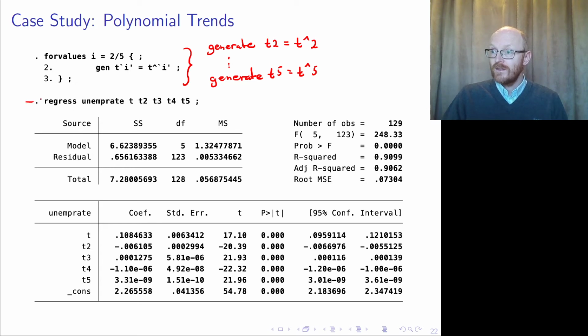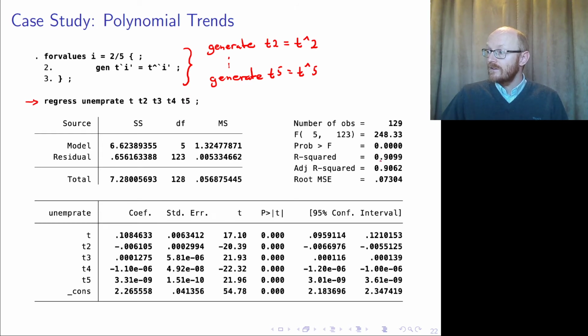Now we have all the time variables in our data that we need to run the regression. So we run the regression here, and we are regressing the unemployment rate on t, t squared, t to the power of 3, t to the power of 4, and t to the power of 5. What kind of results do we get?